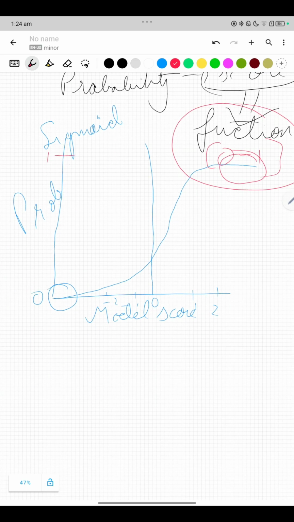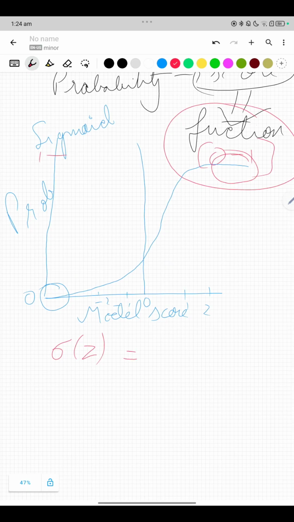So if we have to represent this mathematically, we will say sigma of z is equal to 1 by 1 plus e raised to power minus z, right? So this is the formula. You don't have to really remember this, because what actually matters is what it does.